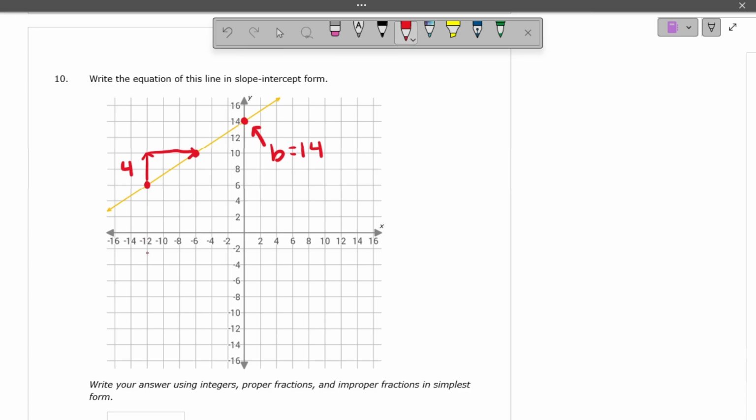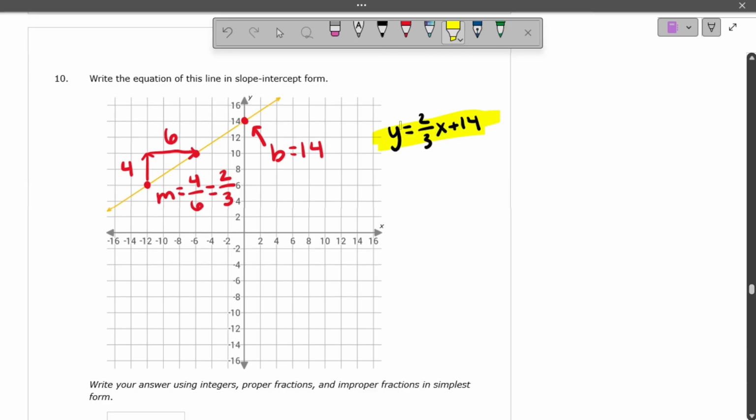And then from negative 12 to negative 6 is a positive 6. So that means our slope m is equal to 4 over 6, which can simplify down one more time into 2 over 3. So putting all of that together, we have y equals 2 over 3 x plus 14. And that is our answer to number 10.